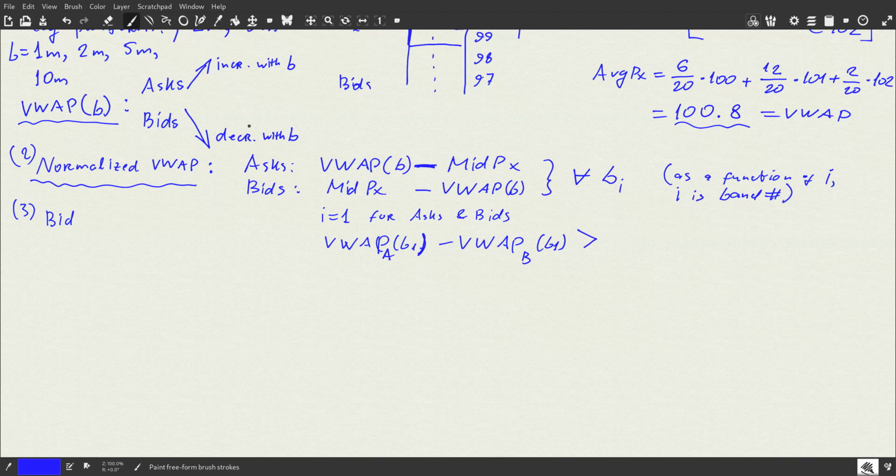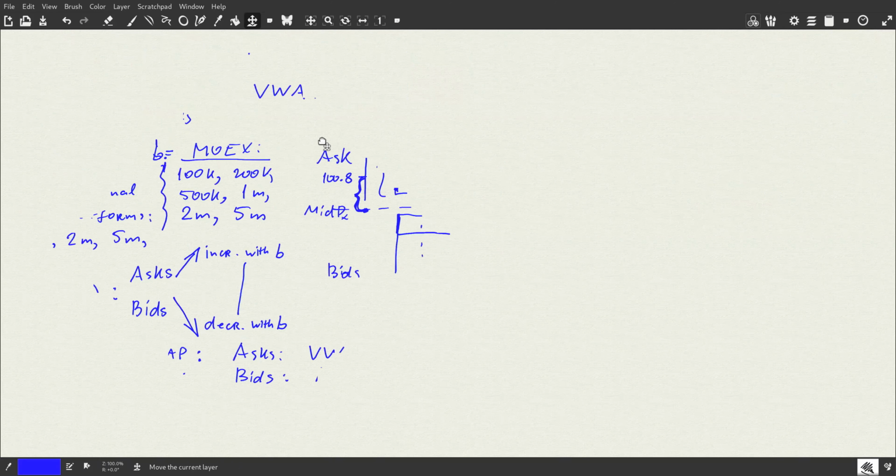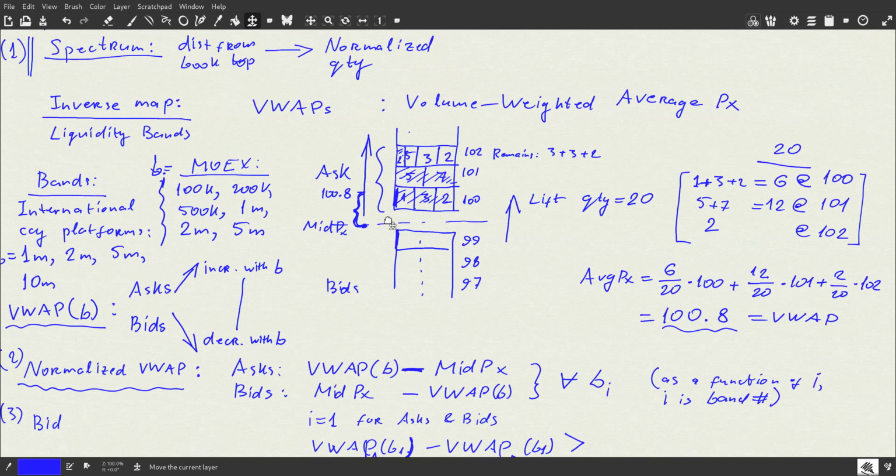As we have seen, the VWAP is some price which is higher than the best price for the asks and lower than the best price for the bid.